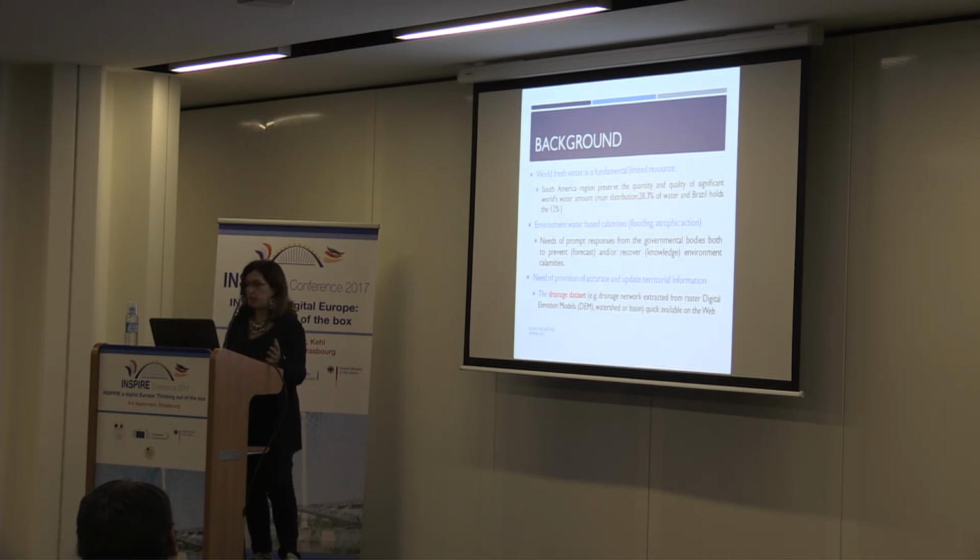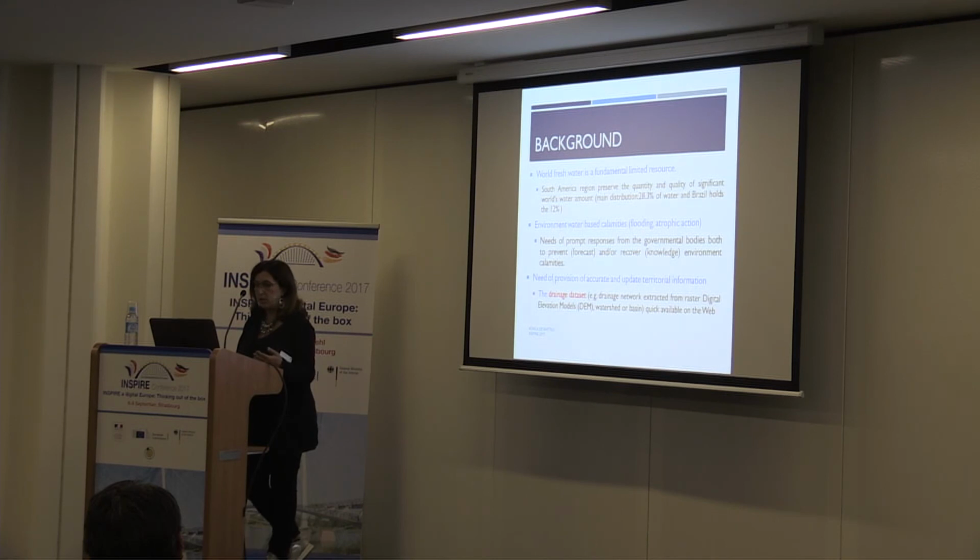On the other side, we have, of course, a lot of calamities due to water, like flooding or anthropic actions. And there is a need of prompt response from the government that has, of course, to forecast and recover from environmental calamities. And territorial information, of course, is very important, and that should be accurate and updated.